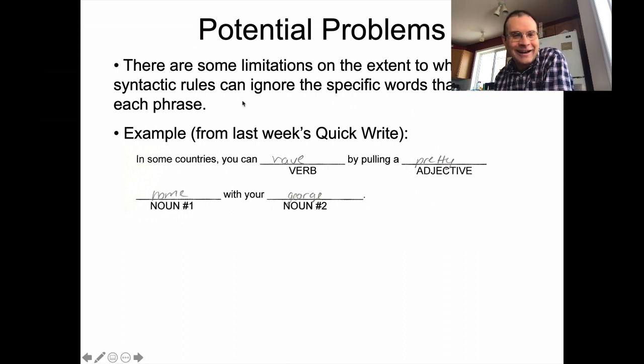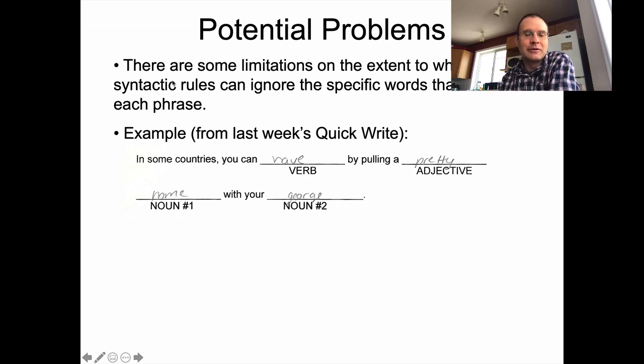Here's an example where somebody came up with, in some countries you can have by pulling a pretty home with your George. Ain't that the truth? But it's a little bit odd. You can kind of try to make some sense of this, but normally you can't just have without having something. So I'll also point out here that this is a modal verb.